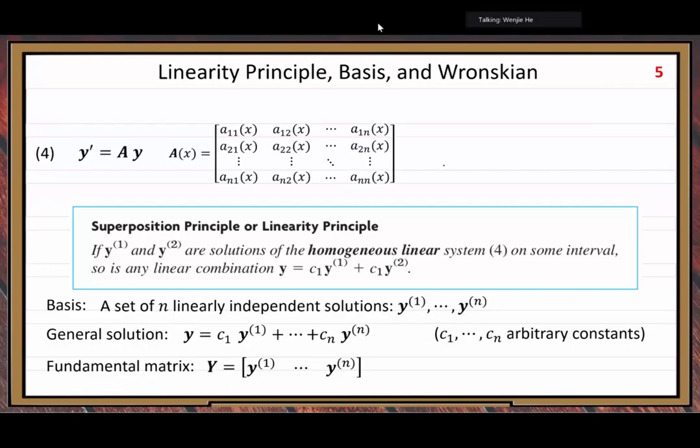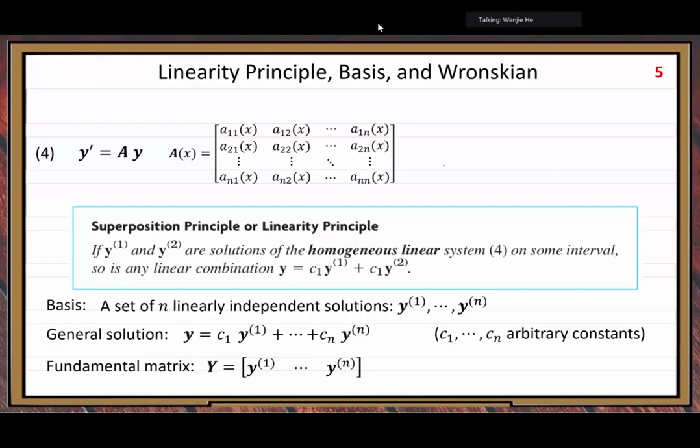Each solution, y1 vector is the first column of this capital Y matrix, y2 vector is the second column of capital Y matrix, and so on. So we pack these n column vectors in one matrix, and we call this matrix the fundamental matrix for this linear system of ODEs.